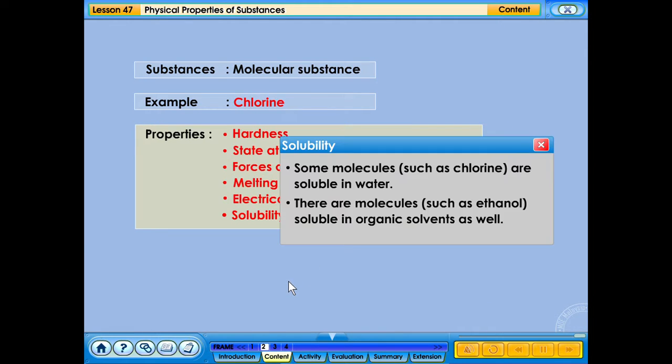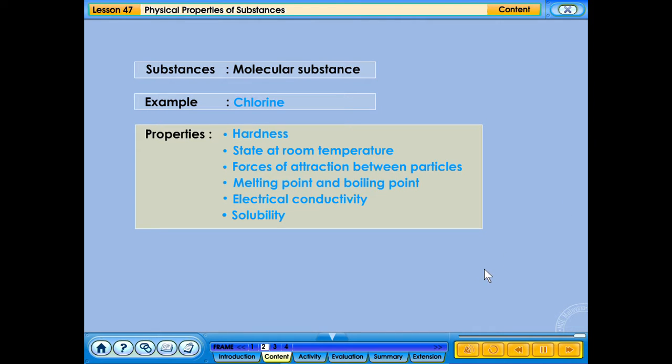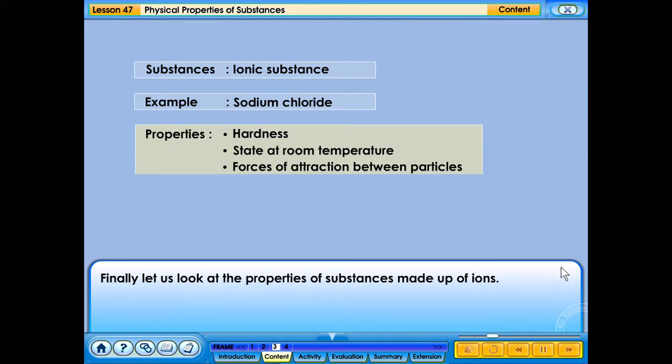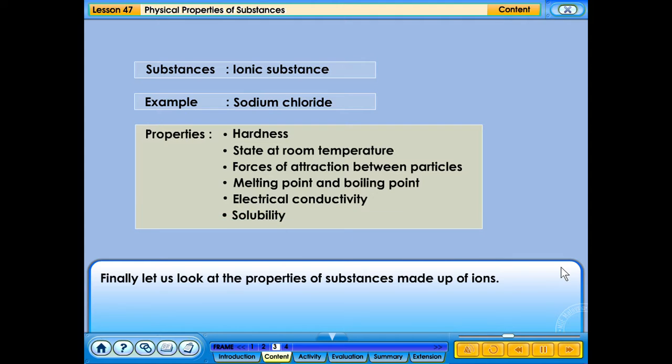There are molecules, such as ethanol, soluble in organic solvents as well. Finally, let us look at the properties of substances made up of ions.